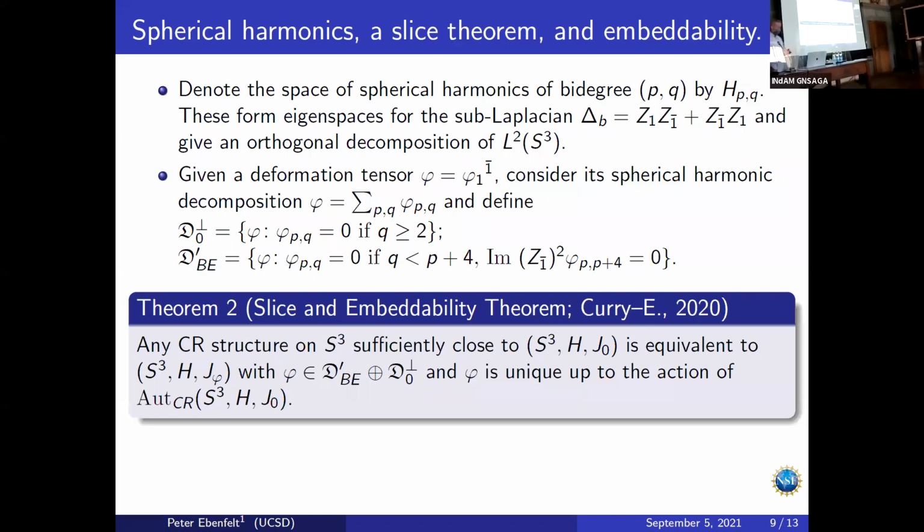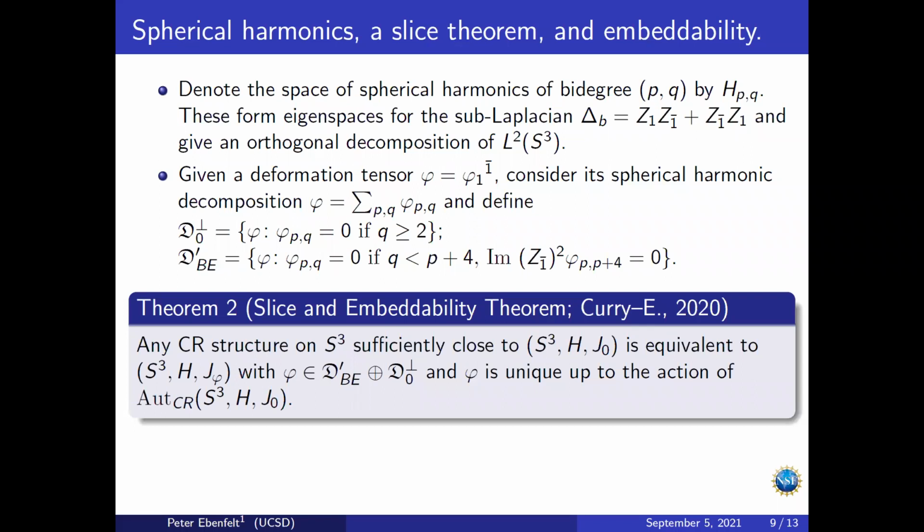Now we proved the slice theorem in a paper where we studied the embeddability, and we introduced this slice because in this slice, well, first of all, this is a good slice. It turns out that any CR structure sufficiently close is equivalent to one whose deformation tensor has its spherical harmonic decomposition supported in the sum of these two spaces.